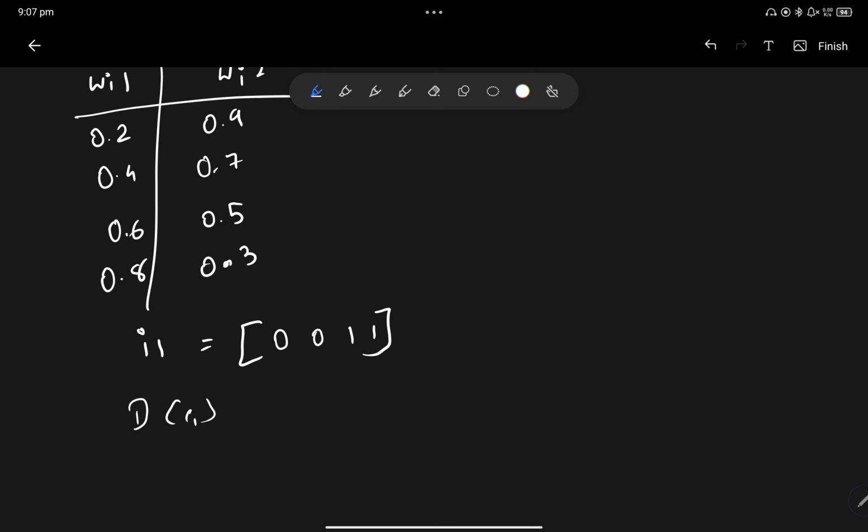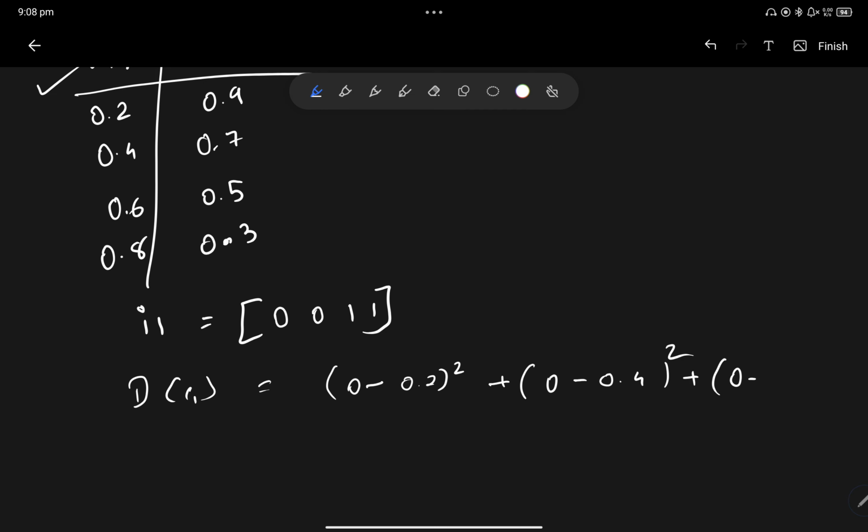First is (0 minus 0.2) whole square, plus (0 minus 0.4) square, plus (1 minus 0.6) whole square, plus (1 minus 0.3) whole square.